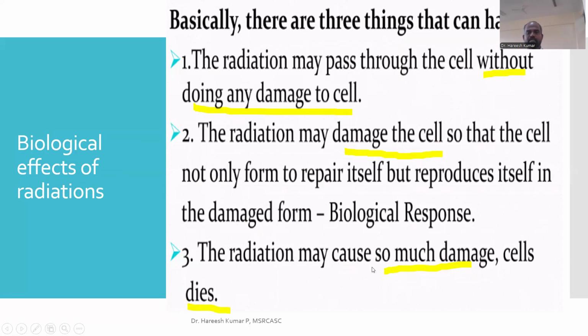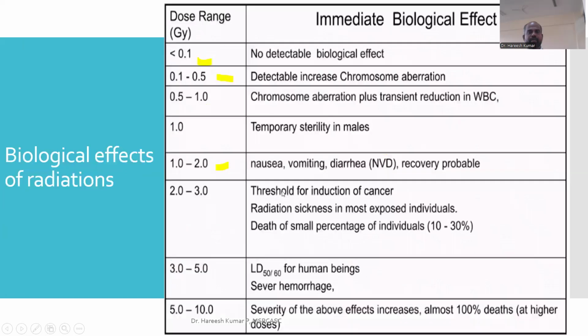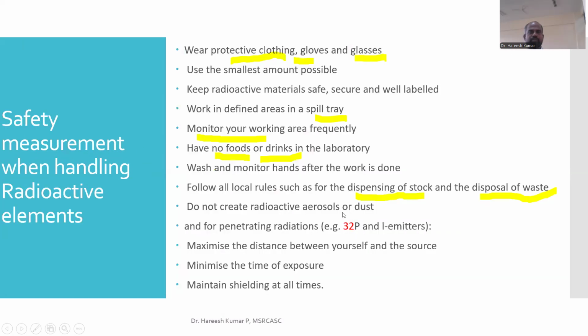The radiation may cause so much damage that cells die. Then this is the chart, and a level of less than 0.1 means no detectable biological effect. More than that, it has an effect, and 5 to 10% will be the highest level, and there are almost 100% deaths at higher dosages.